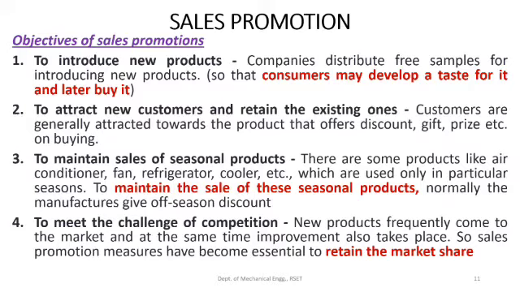So to maintain sales of these seasonal products, manufacturers normally give off-season discounts. Sales promotion activities are also aimed at maintaining a stable level of sales for seasonal products. And the last major objective of sales promotion is to meet challenges of competition.